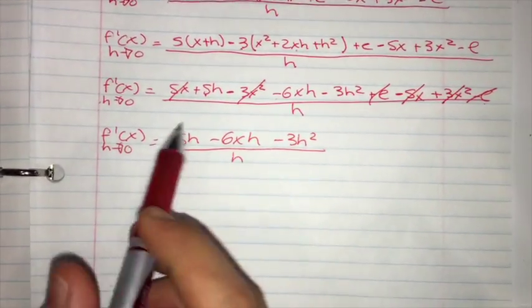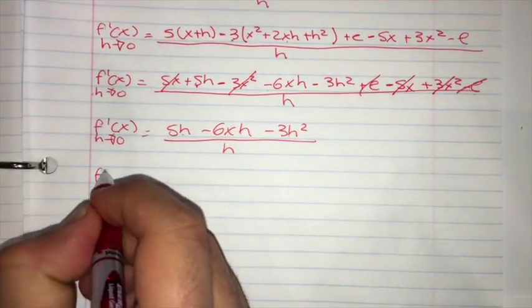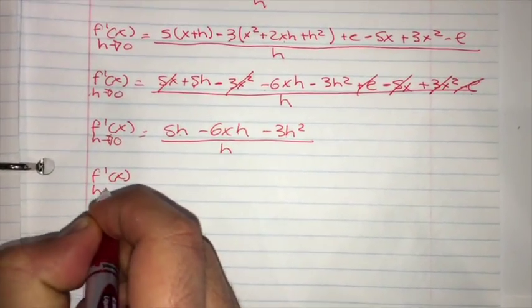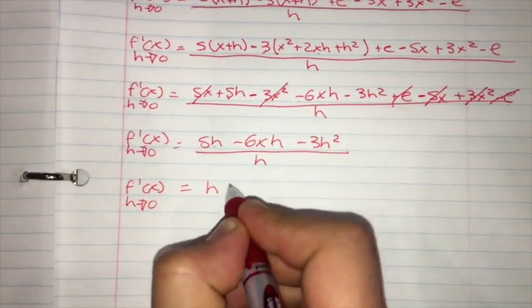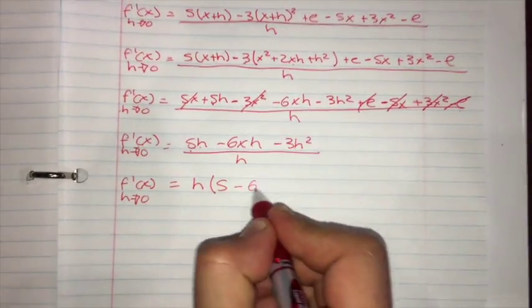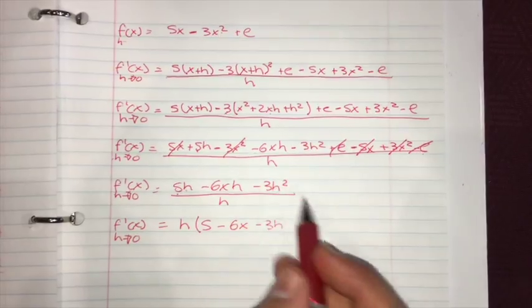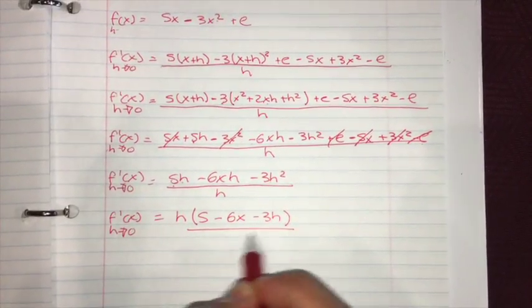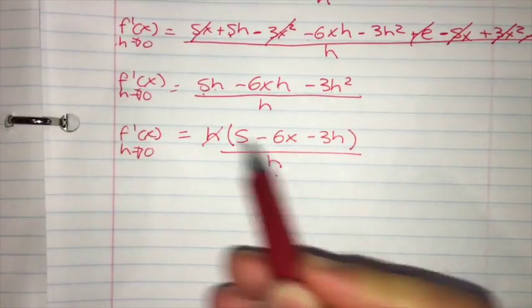Over h, and as you can see we have h in common, so we're going to take it out of the parentheses. We'll put an h, open parentheses 5 minus 6x minus 3h, because this is squared, close parentheses over h. We can cancel these h's.